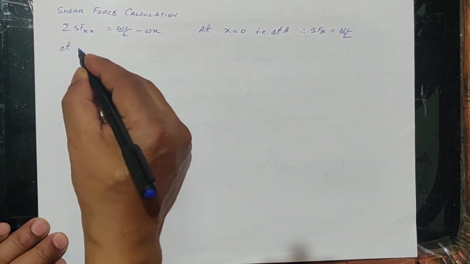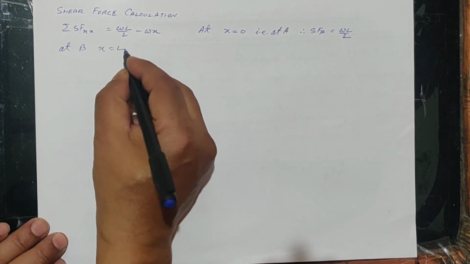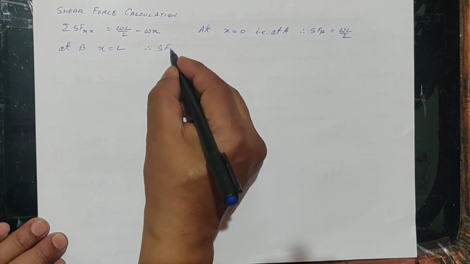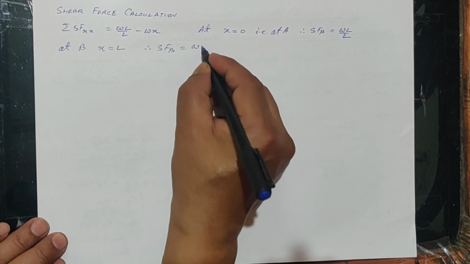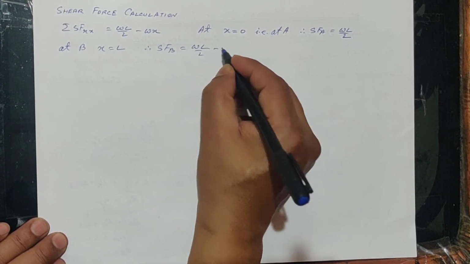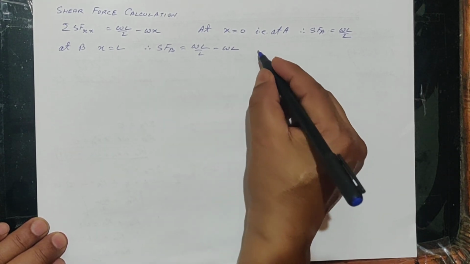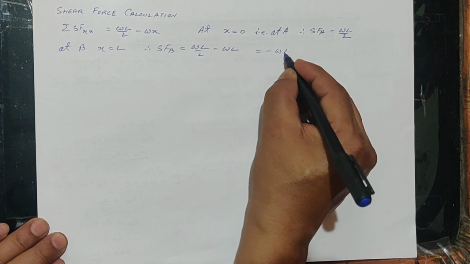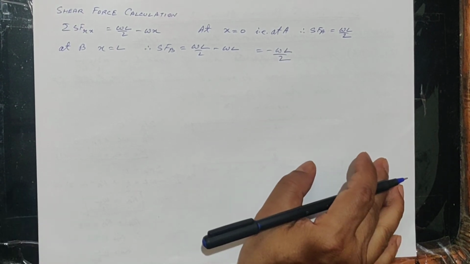At B, X is equal to L. So therefore SF at B will be equal to WL by 2 minus W into L. In place of X, we are writing L. So which is minus WL by 2.